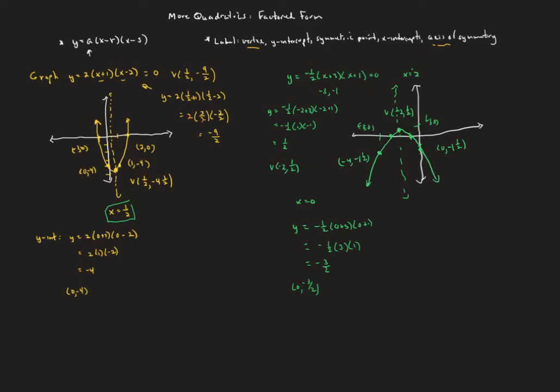Okay, I'm going to go to a new screen here, to do different kinds of problems that we can do using this idea. So we're going to find an equation of the quadratic function, and then I'm going to give you some various characteristics.